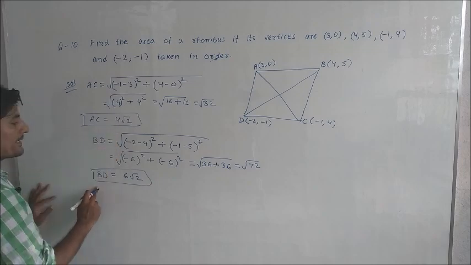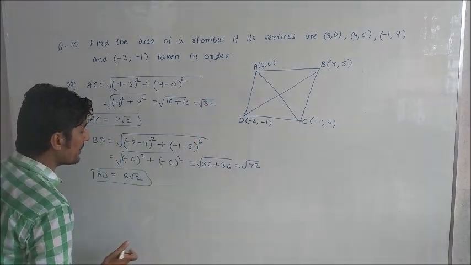After getting the measurement of AC and BD, now we can find the area of this rhombus.